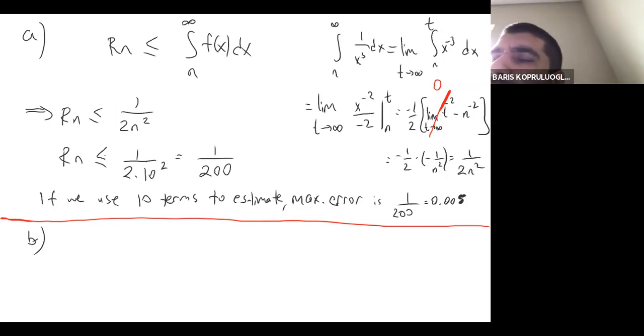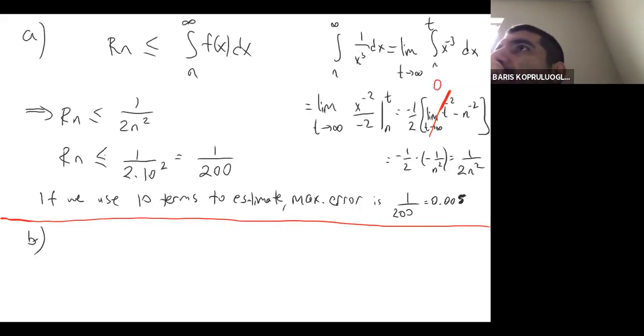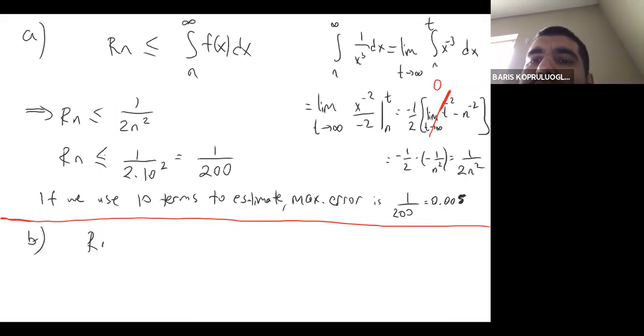Okay, and part B states: how many terms are required to ensure that the sum is accurate within 0.0005. So this time we're given an error and we're asked to approximate the actual sum within that error. What we know is that the error is always less than the integral of f from n to infinity.